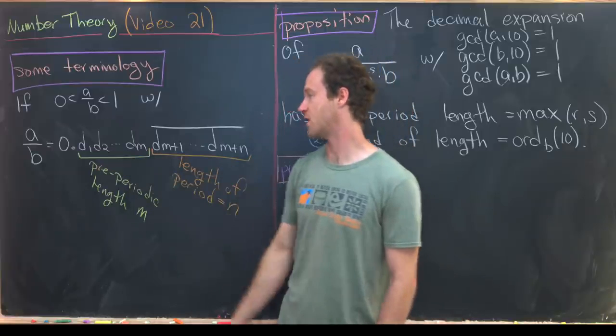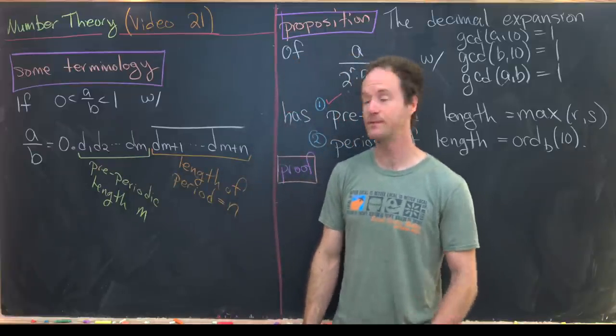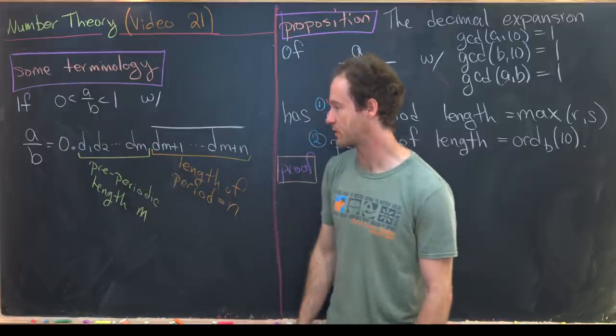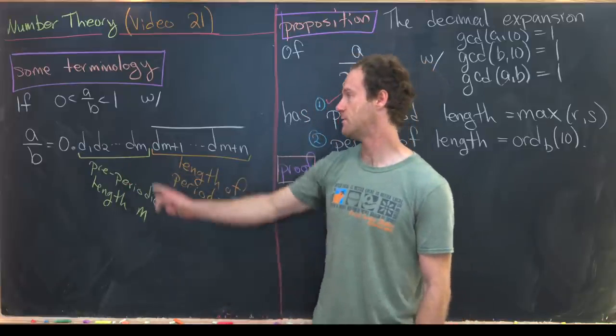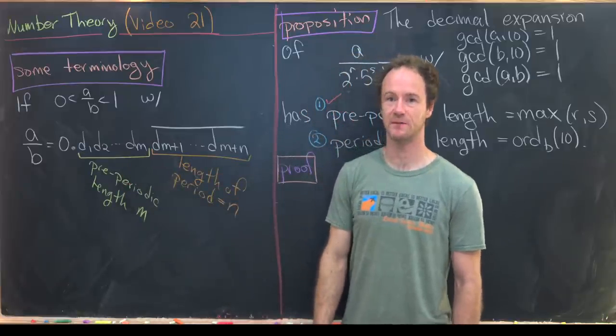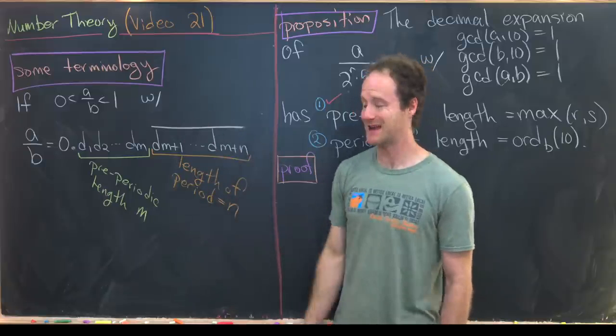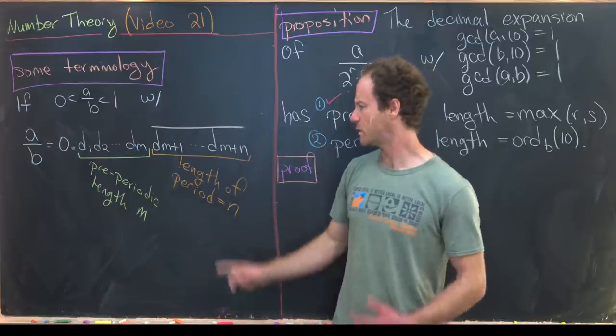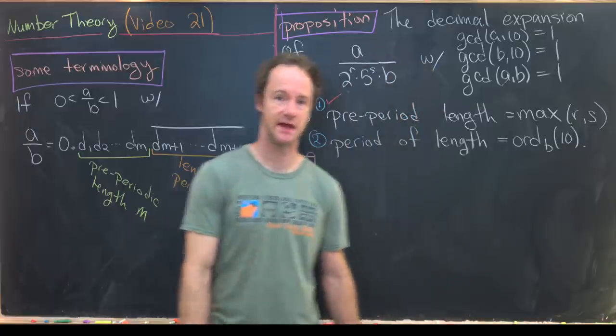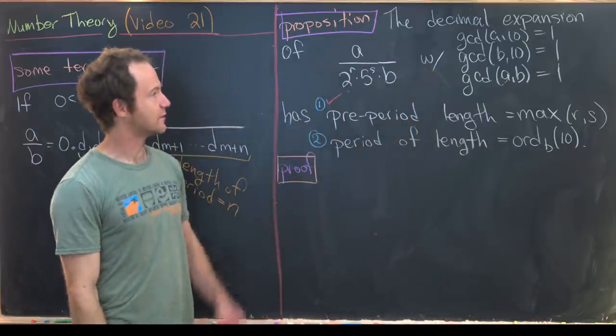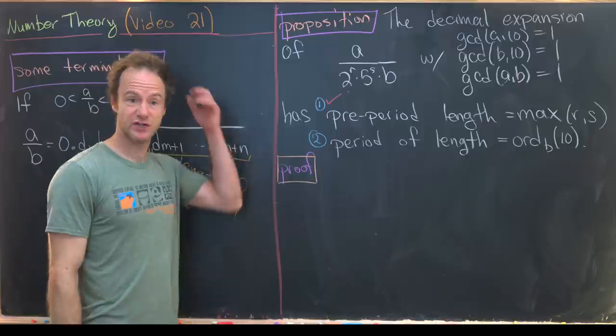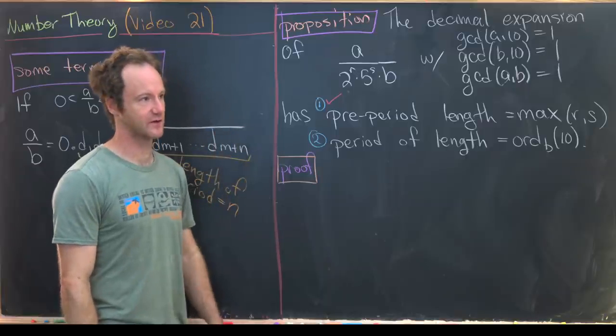So this bit, which I've underlined in yellow, is called the pre-period, and we would say that this is pre-periodic of length m because there are m digits there. And then notice we've got n digits which are repeating, so we would say the length of the period is n.